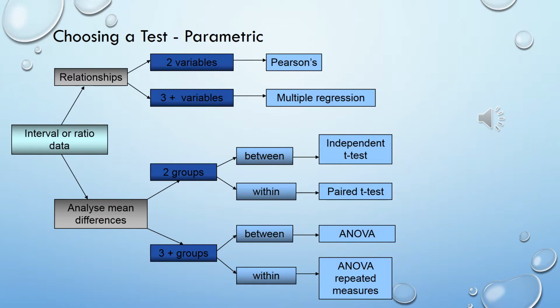Do I have multiple IVs? What's my design? What data did I collect? How many groups or means do I need to compare? Let's just have a little look at this.